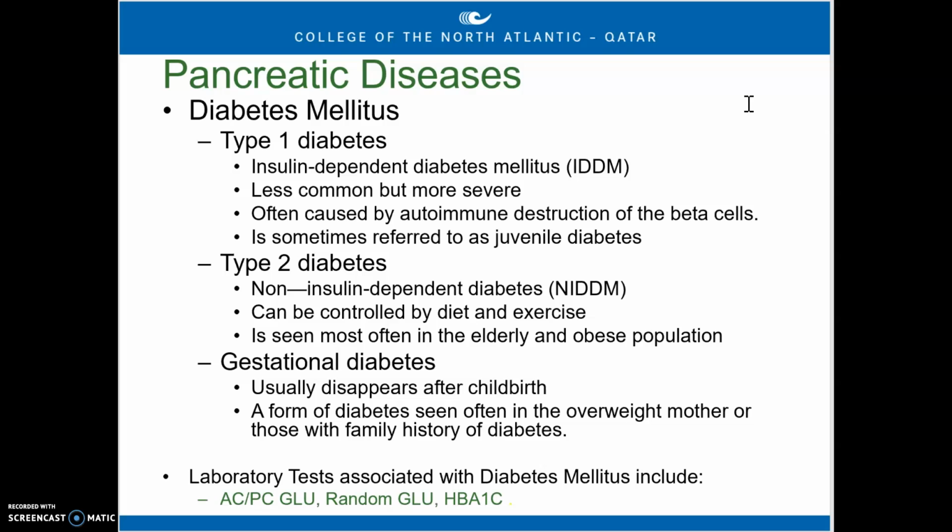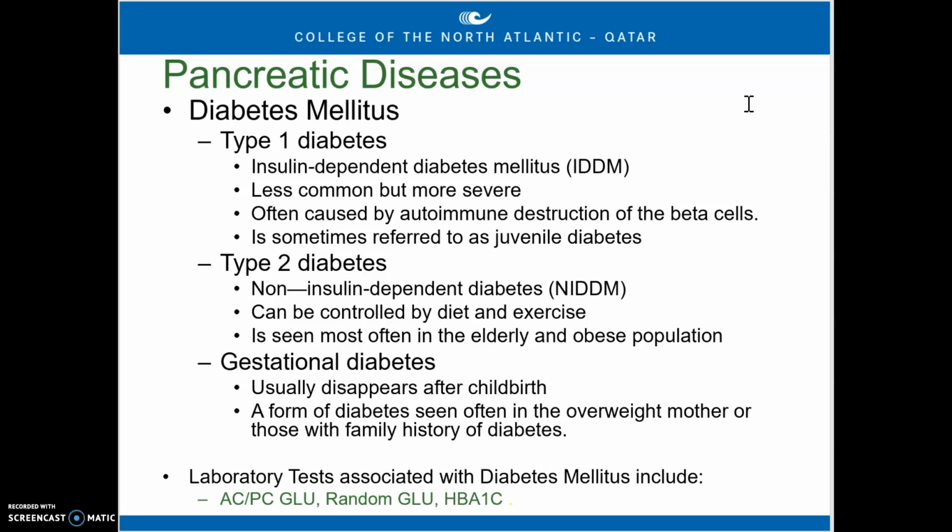So blood glucose gets quite high. It's not stored away, and that can be a very problematic thing. Type 2 diabetes is the most common one. It's non-insulin dependent diabetes. It's caused most often by a poorly functioning pancreas as we get older.